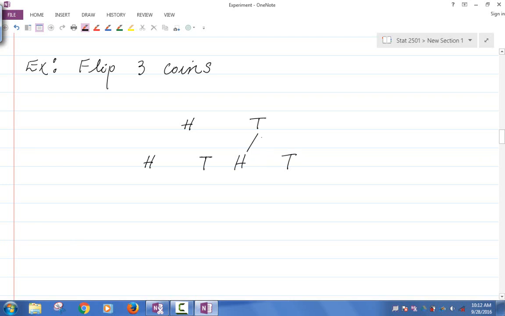So these are the possibilities after the second toss. And again, you keep doing that. So if you get a head followed by another head, then you can again get either a head or a tail. If you get a head and a tail, then you can get a head or a tail.